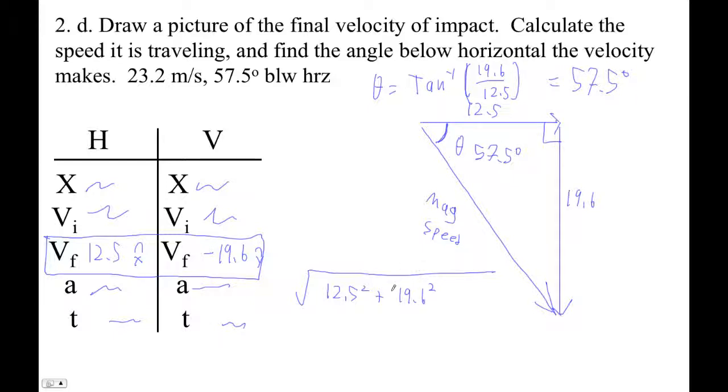Okay, so it's 12.5 squared plus 19.6 squared. When I do that, I get 23.2 meters per second. That's the speed. That's the magnitude of the velocity, right? So this guy is 23.2 meters per second. Yep, so we got our answer like that.